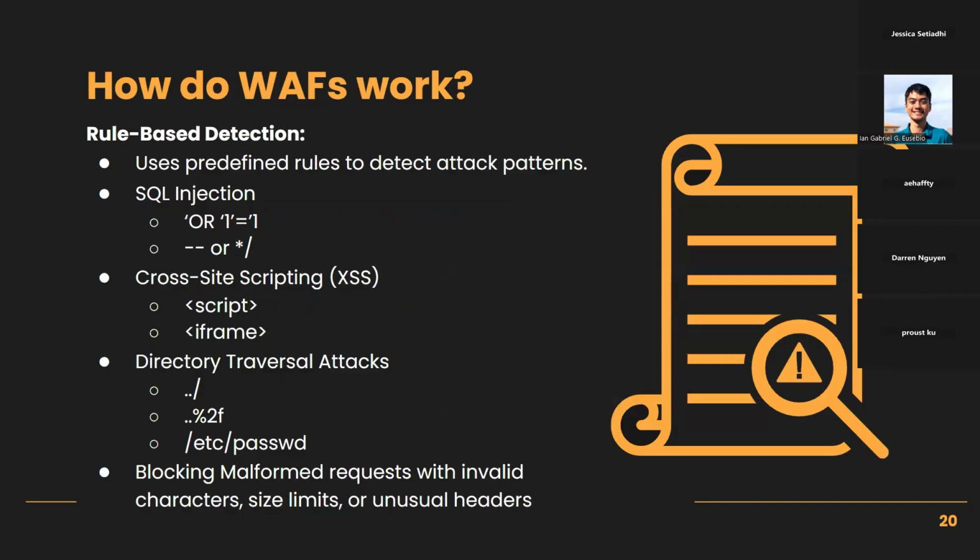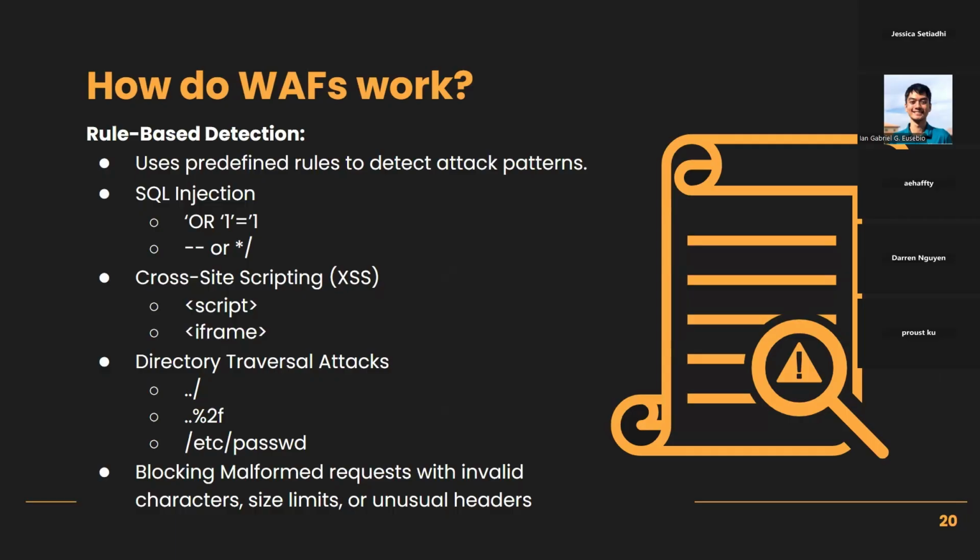So how do WAFs detect malicious payloads or malicious traffic? There are 3 ways. The first way is through rule-based detection, in which it uses predefined rules to detect attack patterns in these packet requests.